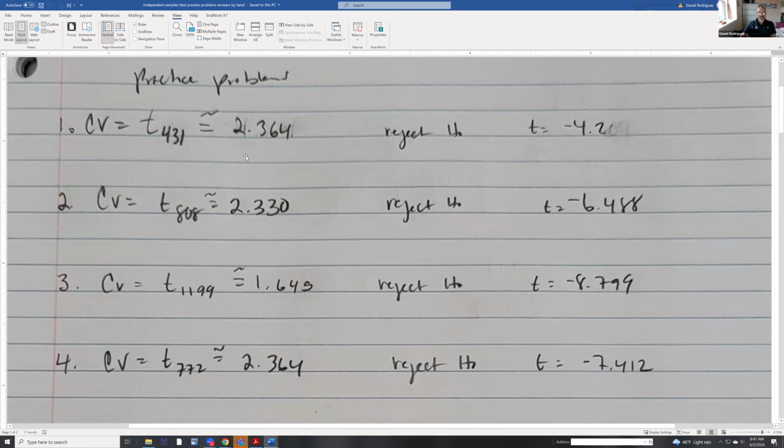Well, remember I also said take the absolute values, because really, if we're doing something where we have a negative t-value, this critical value would be minus 2.364, but it's okay if you just look at the absolute values. The absolute value of negative 4.2 is 4.2, and that's greater than 2.364, so you'd reject the null hypothesis. That's just a quick summary of what we're doing. Thank you very much.